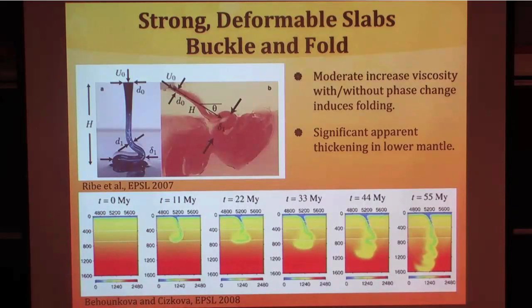Okay. All right. So deformable slabs, okay, these ones that are strongish but deformable, do interesting things, all right? First of all, they will buckle and fold, okay? And this is some examples of that, which some are kind of extreme. I don't think we have slabs piling up quite like this going into the mantle, but this illustrates with just analog materials.